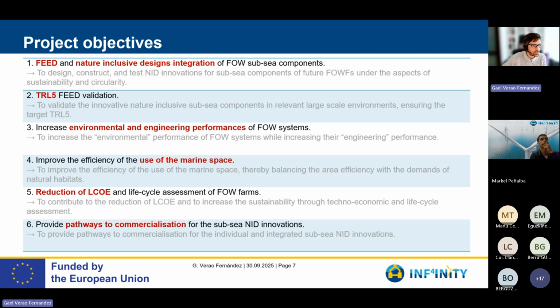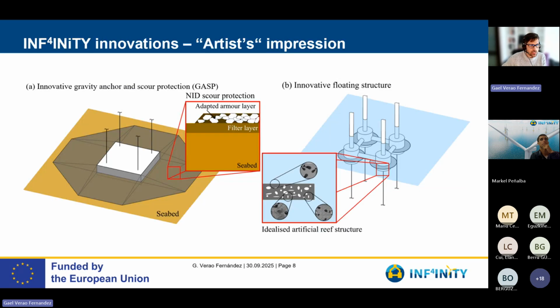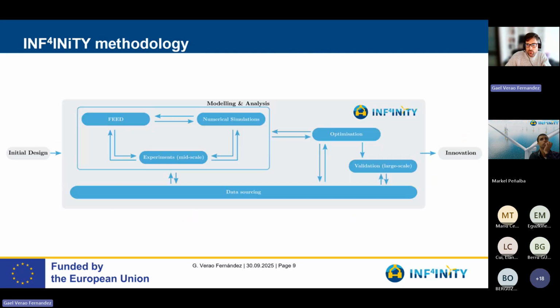of large-scale modeling. At the beginning of this project, we started with conceptualizations of what we wanted to achieve: an initial gravity anchor design, an initial design for the floater, and then we established a methodology to obtain the final innovation designs.